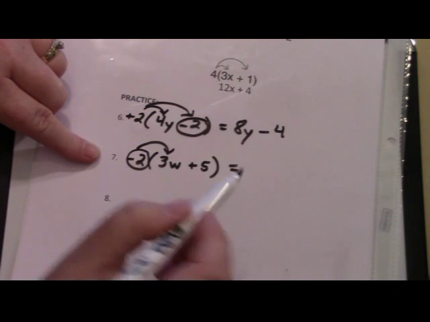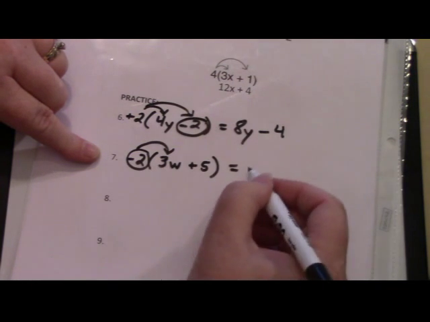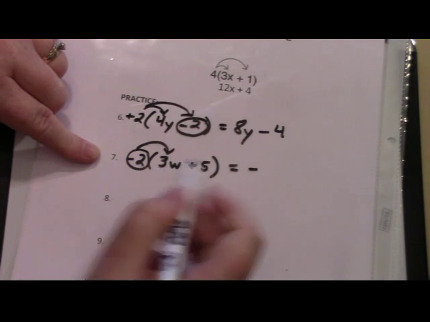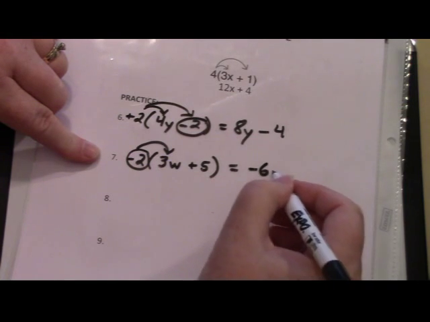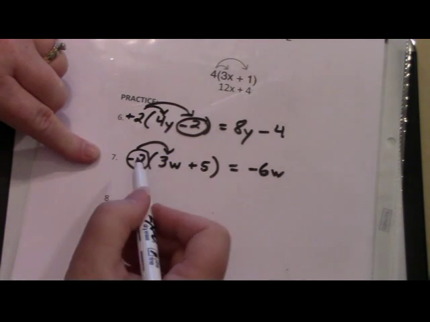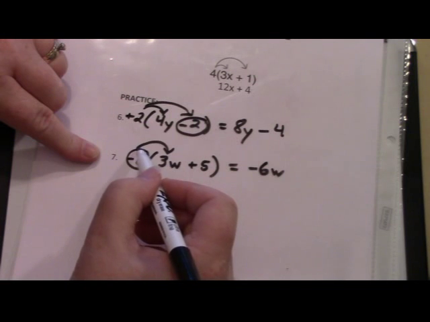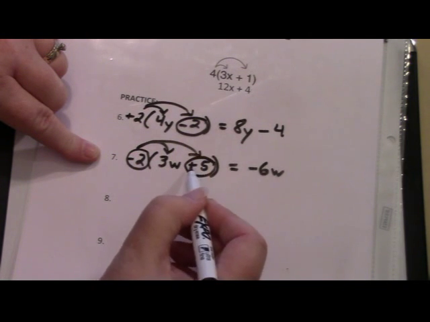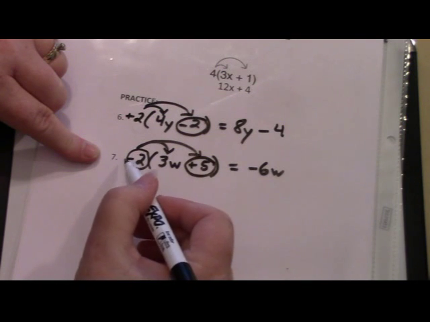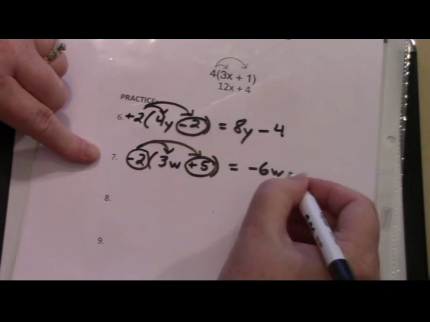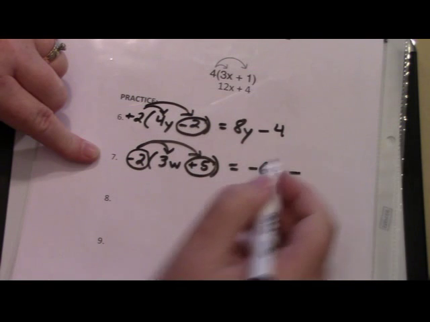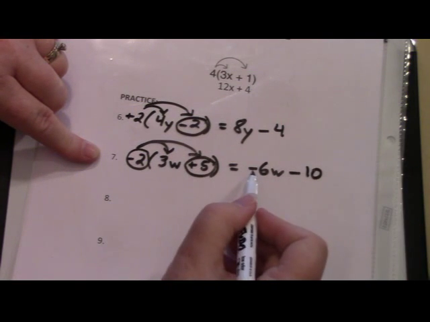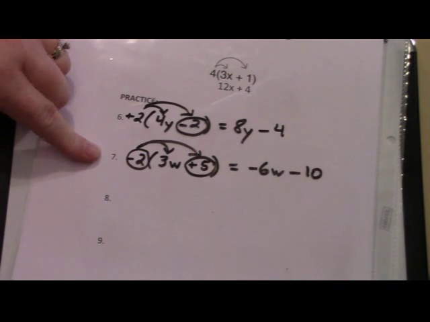Negative times positive, opposite signs, my answer will be negative. And 2 times 3 is 6, and I've got to keep the w right there. Now I have to distribute the negative 2 to the 5. And it's a positive 5. So again, negative times positive is going to give me a negative answer, and 2 times 5 is 10. So this equals negative 6w minus 10.